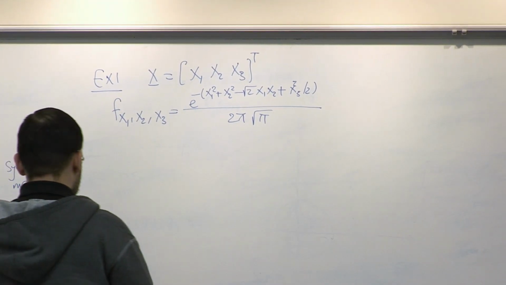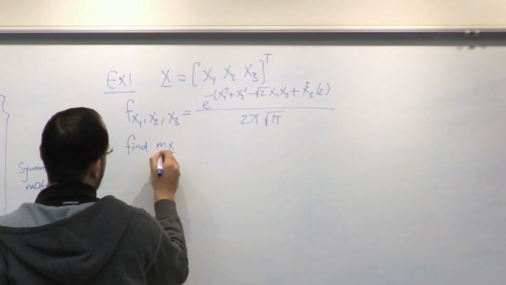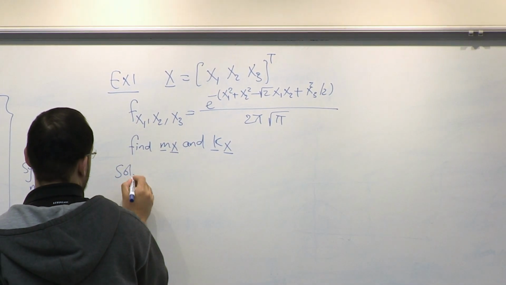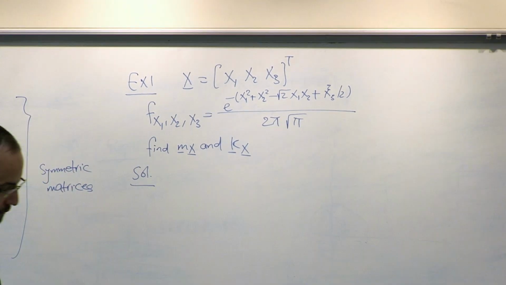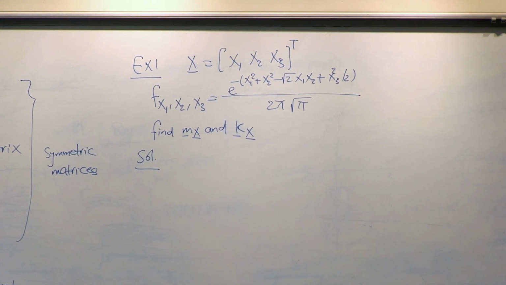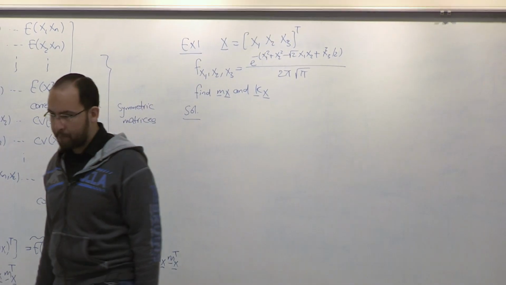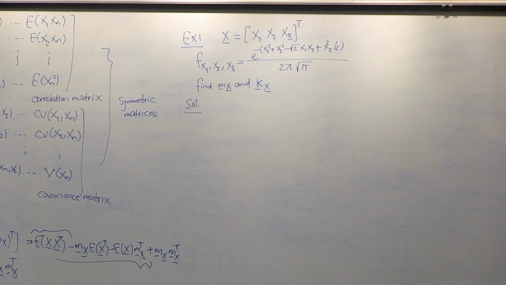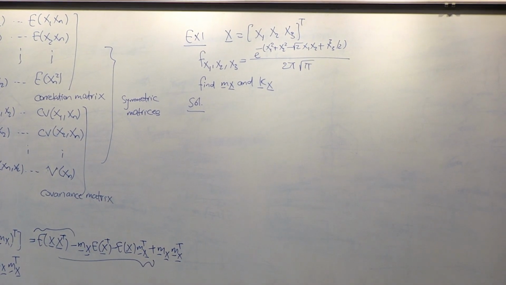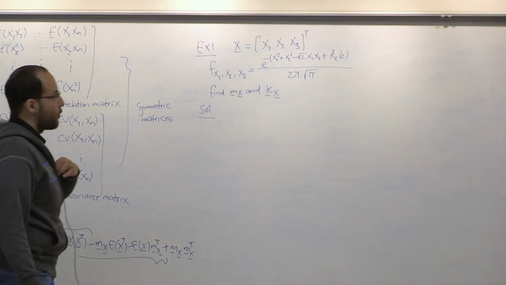And we are required to find mx, the mean vector, and the covariance matrix kx. How could we think about a problem of that form? How could we think about a problem that looks like that?